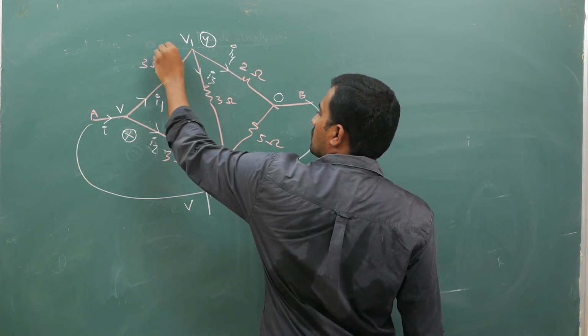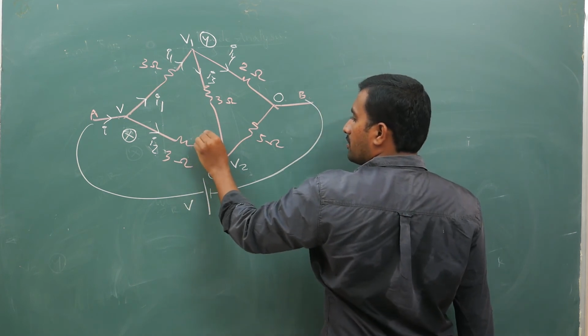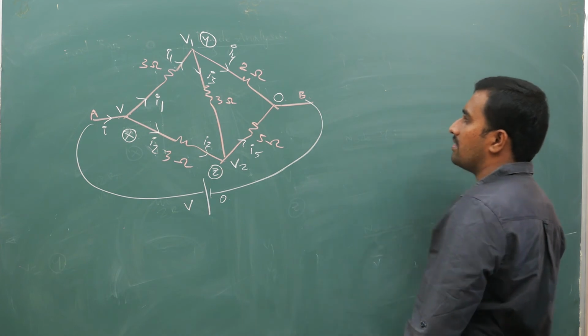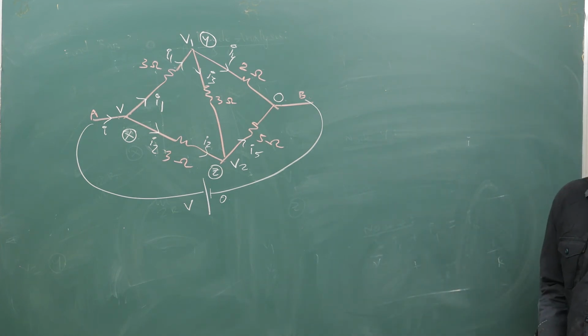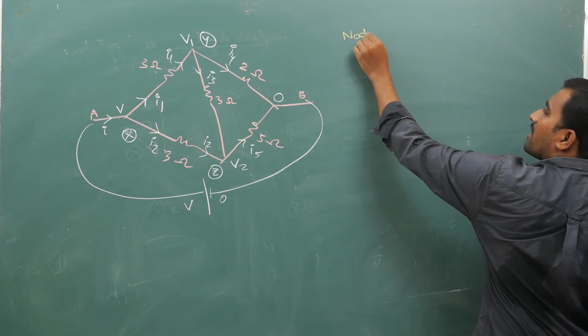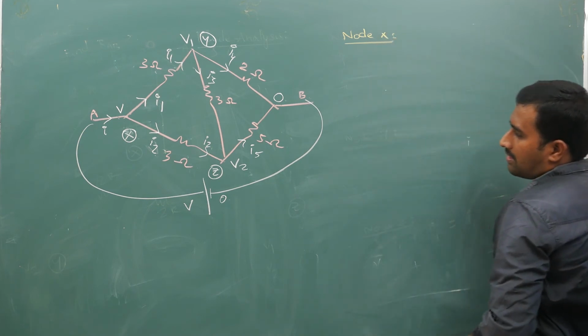So I1 current is splitting into two parts here. Now I2 and I3 are combining and giving some I5 like this. Now your logic is: at the first node X, current entering is equal to current leaving.